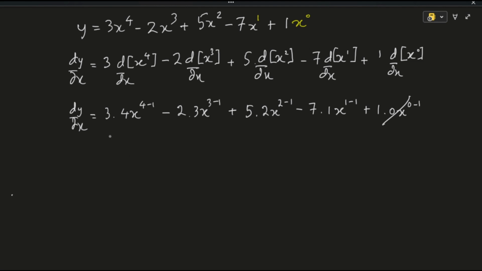So the derivative of this polynomial is given by 12x cubed minus 6x squared plus 10x minus 7. And that will be the answer for the derivative of this function, y is equal to 3x exponent 4 minus 2x exponent 3 plus 5x exponent 2 minus 7x exponent 1 with a constant 1. So that is the answer.